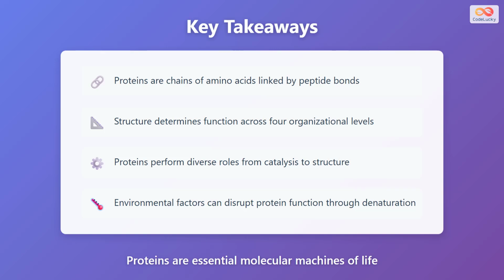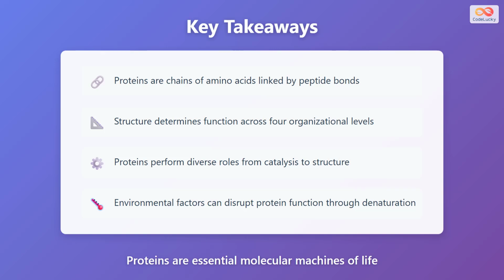Let's review the key concepts. First, proteins are chains of amino acids linked together by peptide bonds. Second, the structure of a protein determines its function, and this structure is organized across 4 levels from primary to quaternary. Third, proteins perform diverse and essential roles in living systems, including catalysis, providing structure, transport, defense, signaling, and enabling movement.